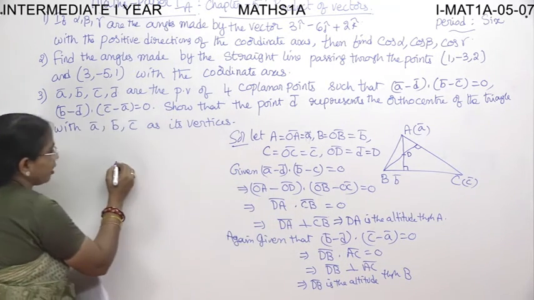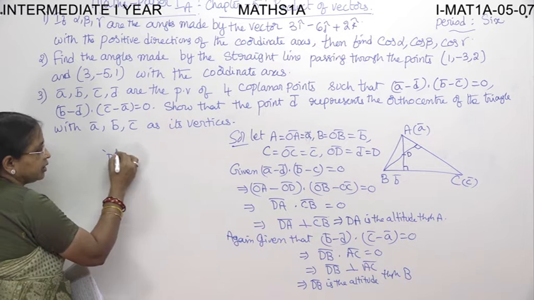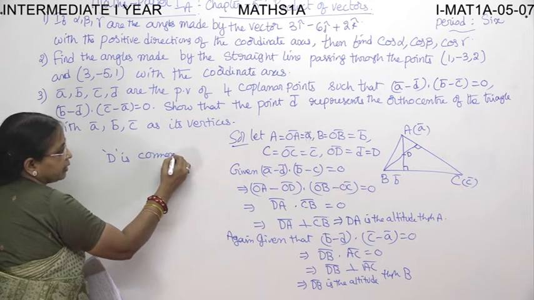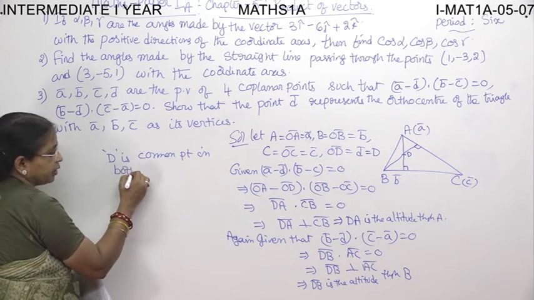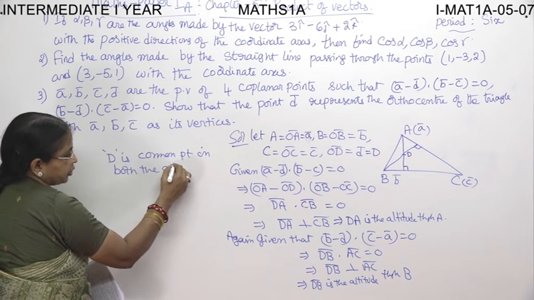D is the common point in both the altitudes.